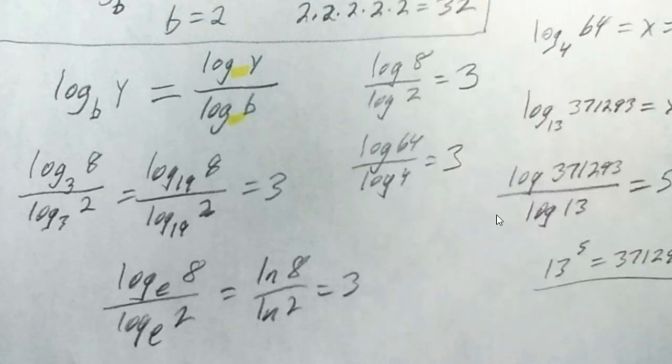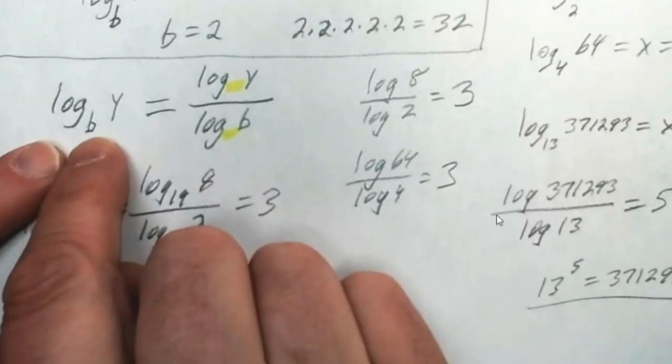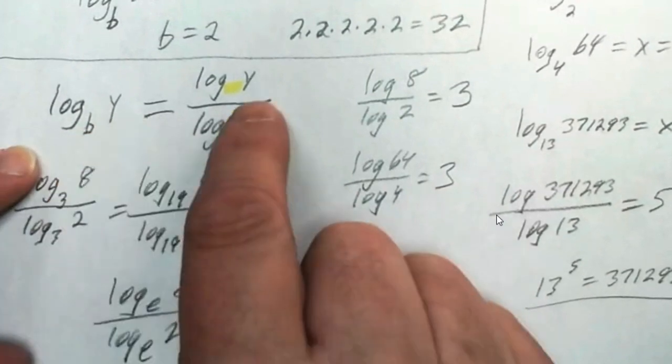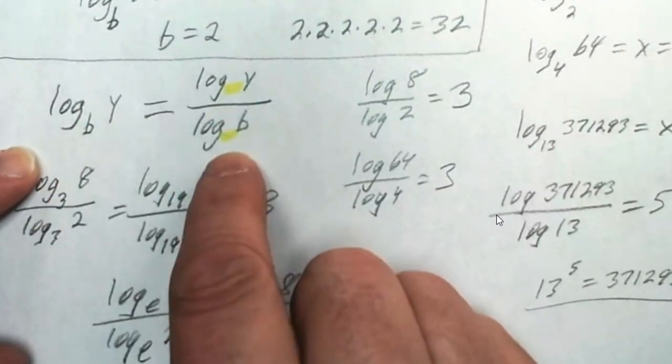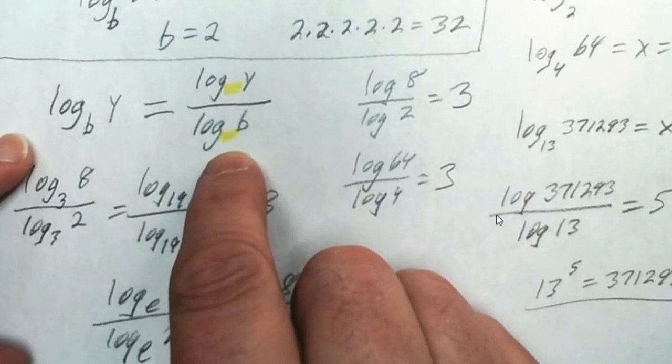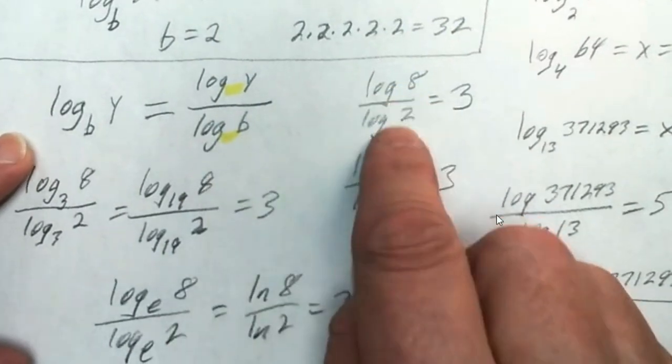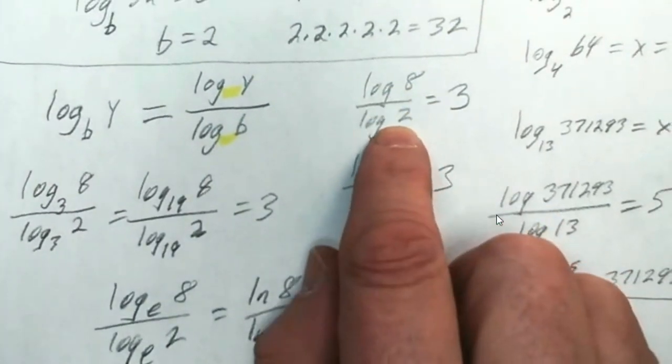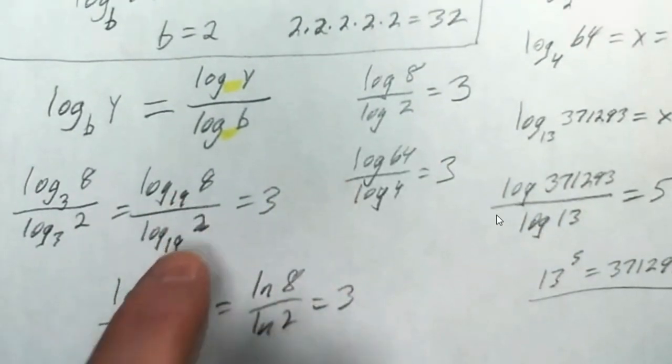My point is the change of base formula means we can change this to any base we want to. But generally, we would always want to change it to base 10 so our calculator can do it. But we don't have to. We could have made them base 19.